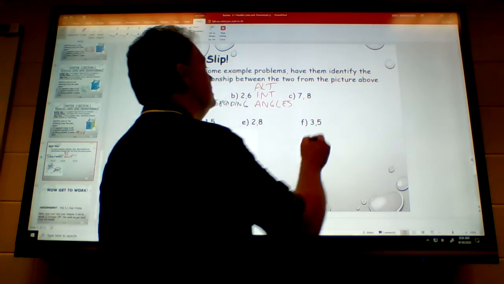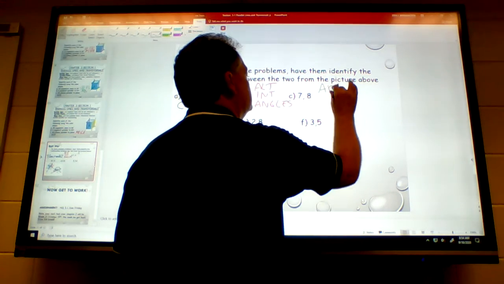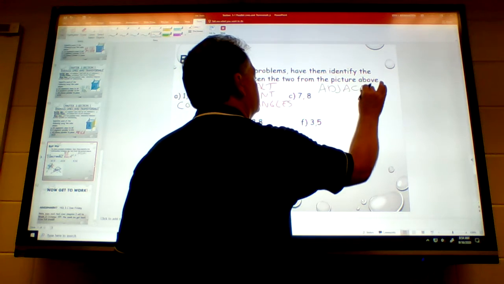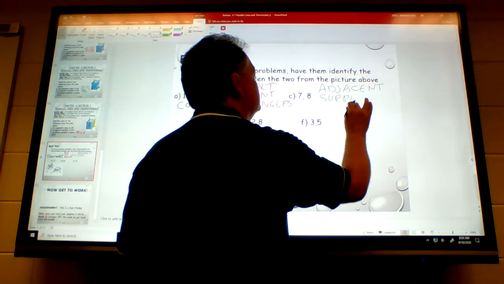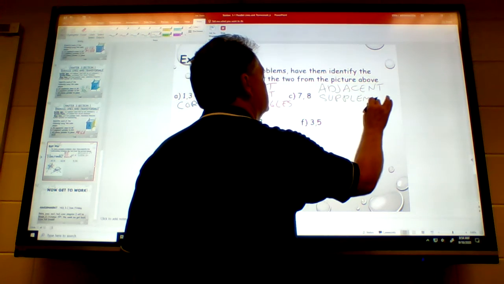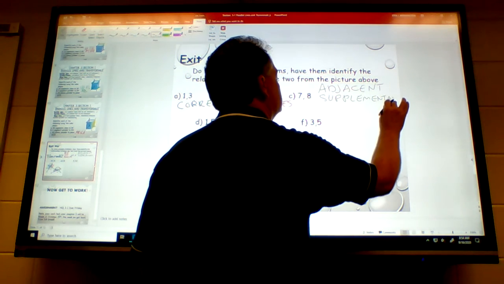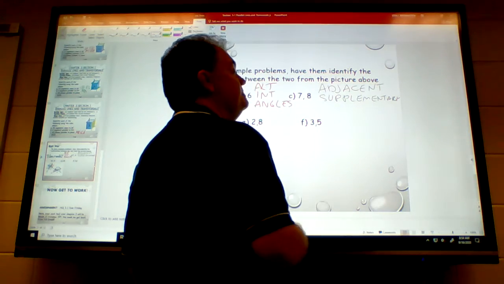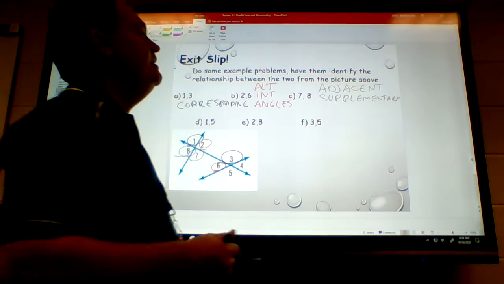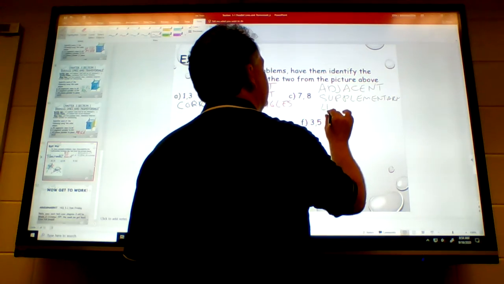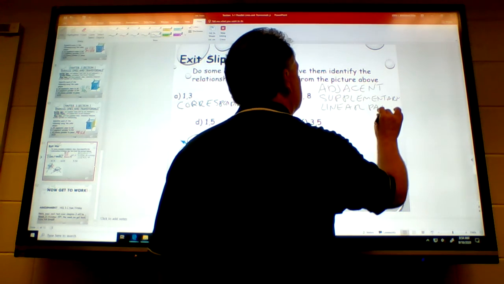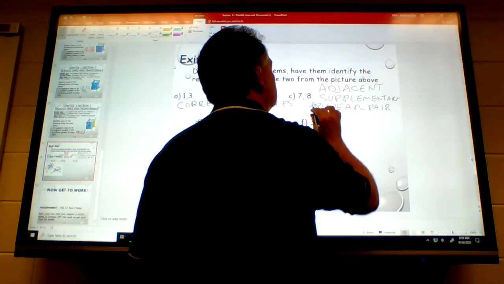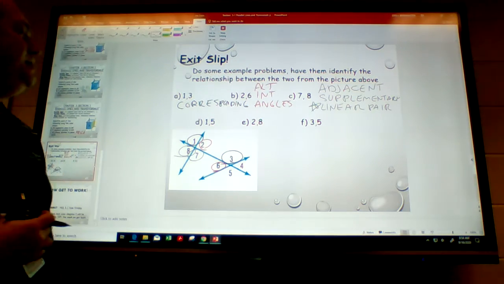They are adjacent, and they are also supplementary. If they're adjacent and supplementary, if you recall from chapter 1, that makes them form a linear pair. All right, there you go. Linear pair.